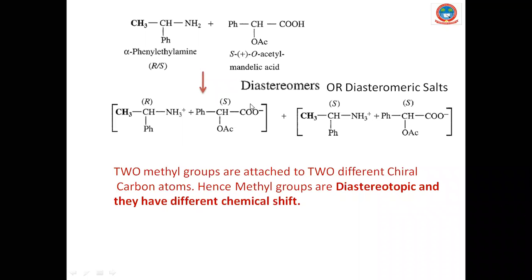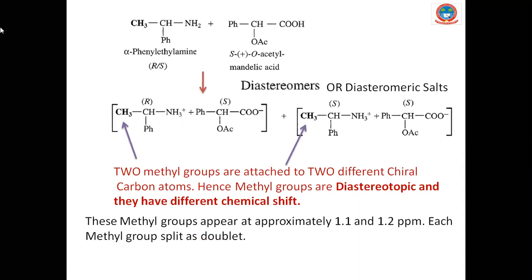Once you get these two salts, they have different chemical shift values, and because they are diastereomers, they will give different chemical shift values for the two methyls. Though the difference between them will be small, they will appear at two different chemical shift values.